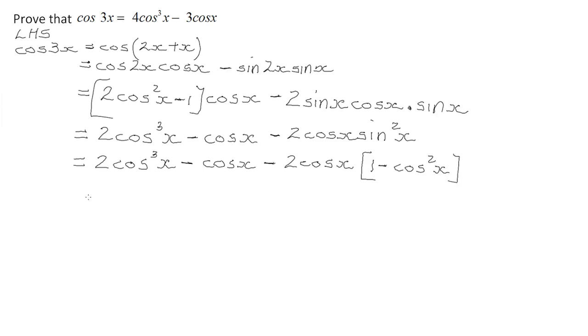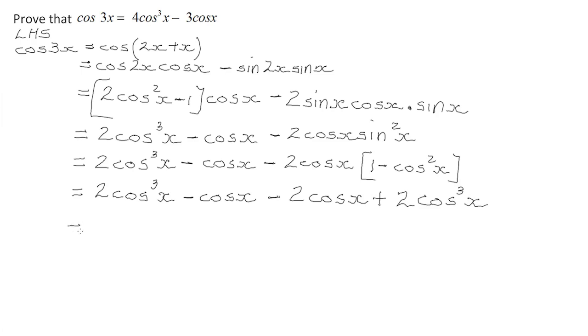Next step is, we will now remove the brackets. 2 cos cube x minus cos x. Again, a monomial times a binomial. Minus 2, that gives you minus 2 cos x. Take note, a minus and a minus gives you a plus 2. Cos to the power 1x times cos to the power 2x gives you cos to the power 3x.